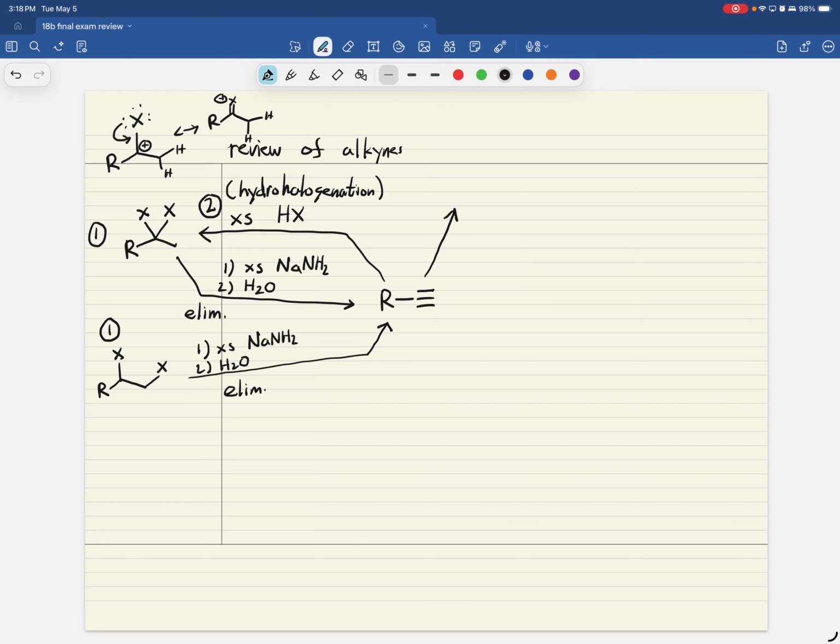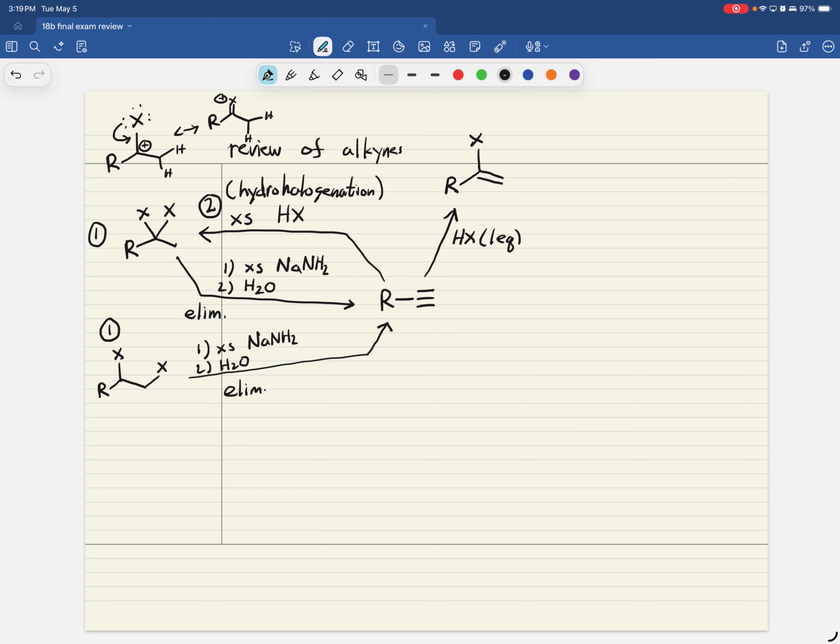Now, what if we only have one equivalent of HX? What's going to happen in this case? What stage do we stop at? It only adds once, right? Yep, so we're going to stop at the haloalkene, and the halogen will be on the more substituted position because of Markovnikov's rule.